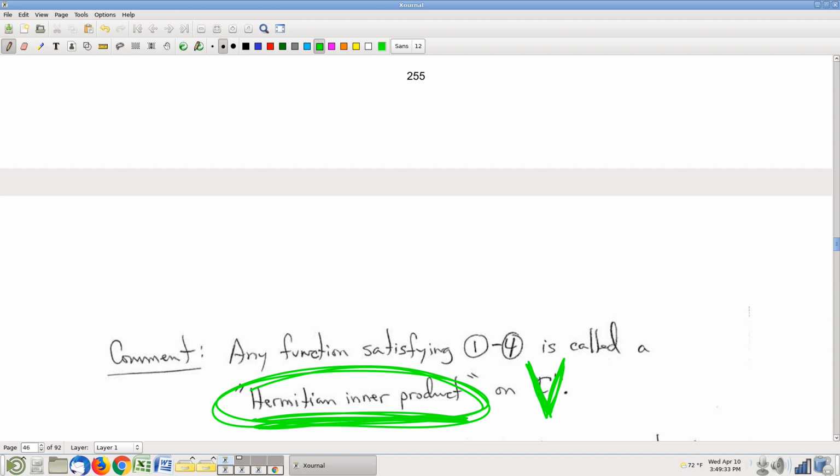Quantum mechanics, a certain part of quantum mechanics anyway, is done in a vector space with complex scalars. You view particles as functions, complex valued functions on R3. Call them wave functions. And that is a vector space with complex scalars.